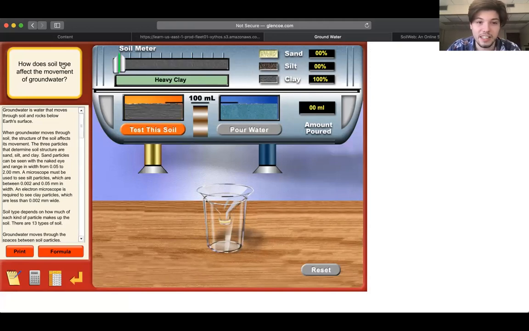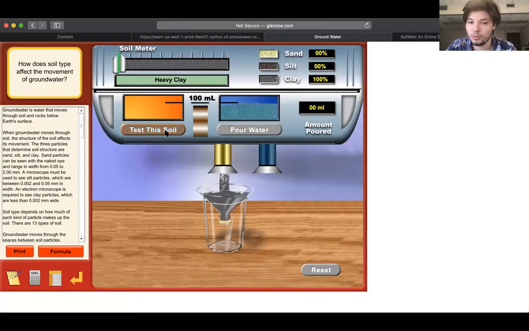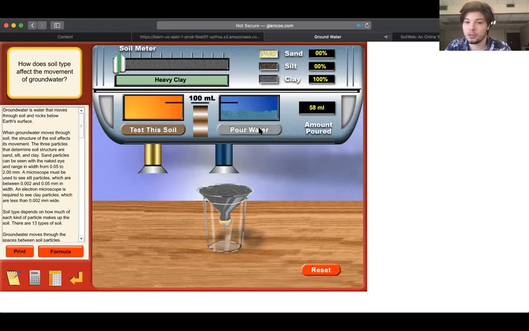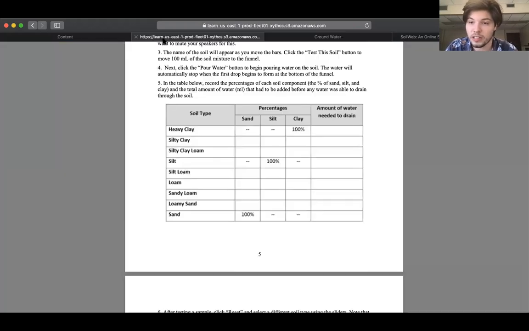So if we want heavy clay, right here, we're going to first test the soil. What we're actually testing it for is to see how much water you can add before water drains through. So we're going to pour the water, and we find out that 58 milliliters of water were poured before any drained through.